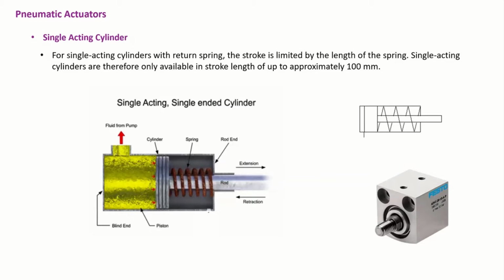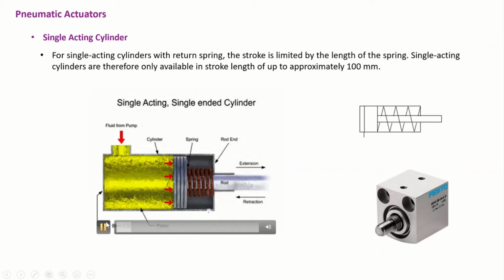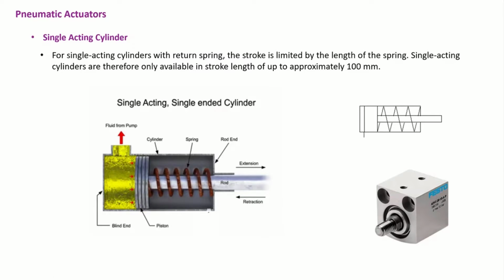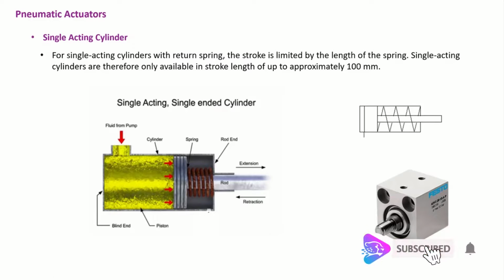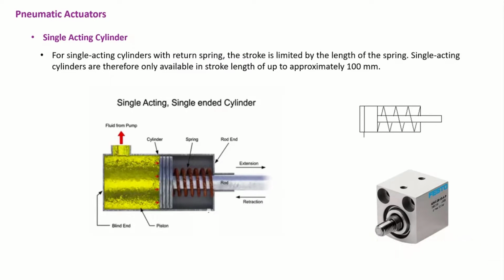Let's say in a pneumatic system we would have air. The air comes inside and overcomes the spring force, and once the spring force is overcome, the air pushes the piston towards the fully extended position. Then once the directional control valve is not sending the air anymore, the spring will push the piston towards the fully retracted position.